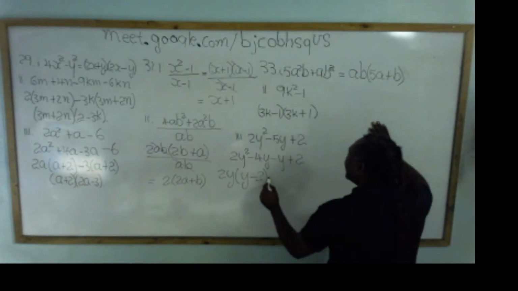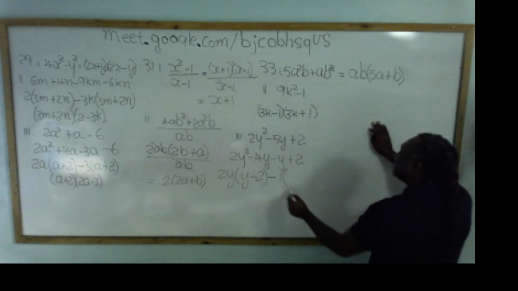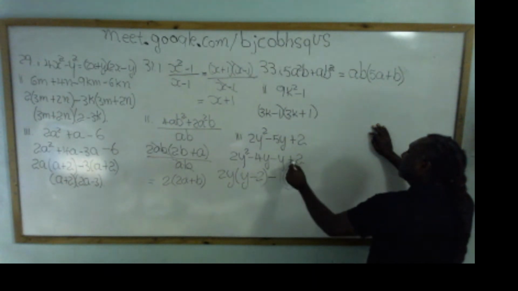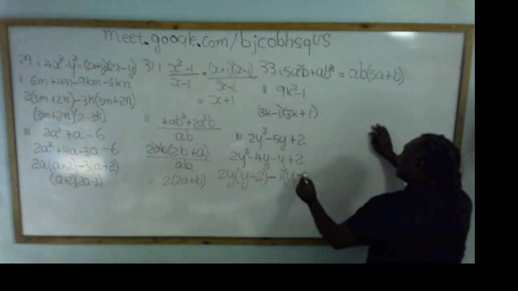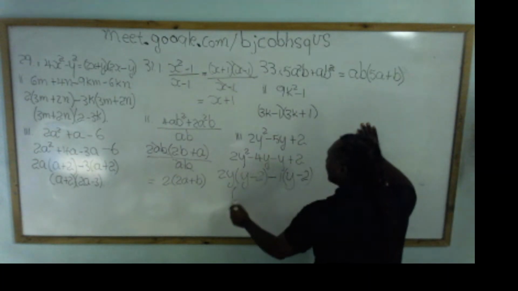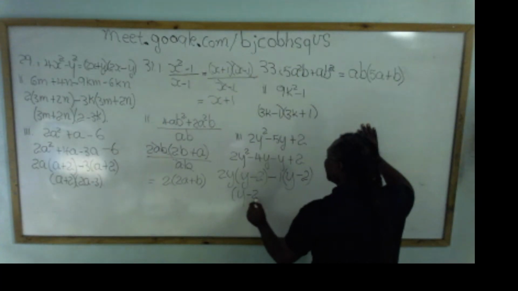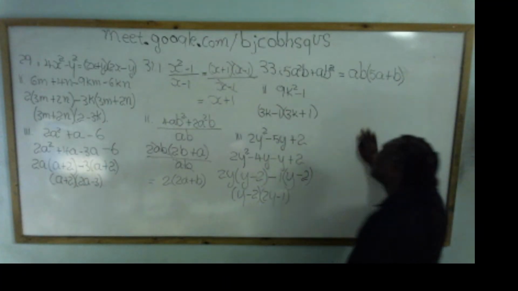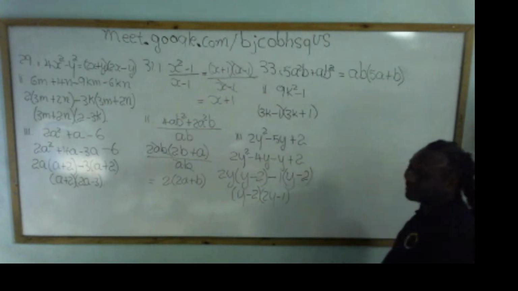There is no obvious common factor, so let us say 1. But we have to have a negative sign there. Negative into positive is negative, and 1 into 2 is 2. So we have what? y minus 2 is common, and 2y minus 1 is uncommon. And that's all that I'm doing.